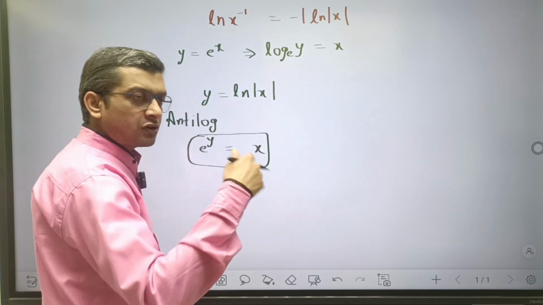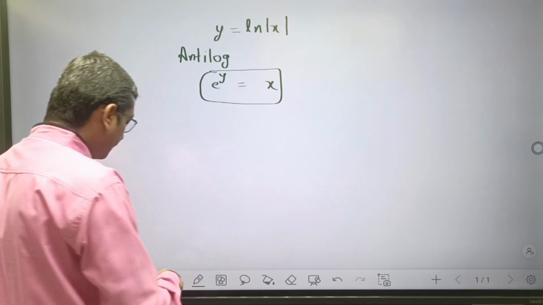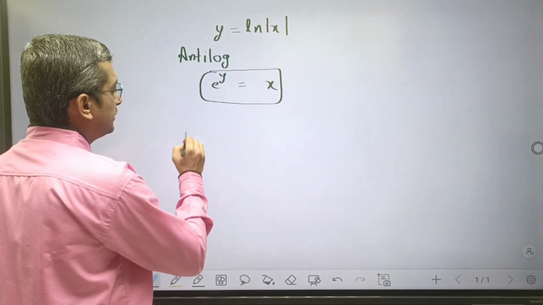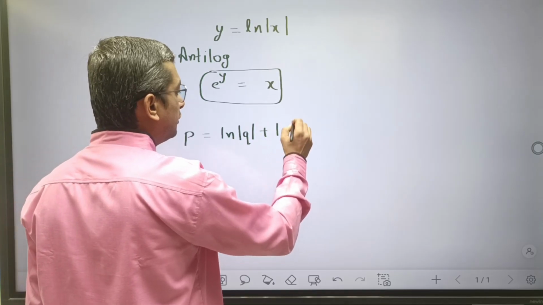Since this is natural log, its base is e, so e to the power y is equal to x.